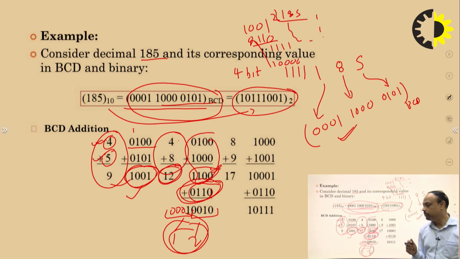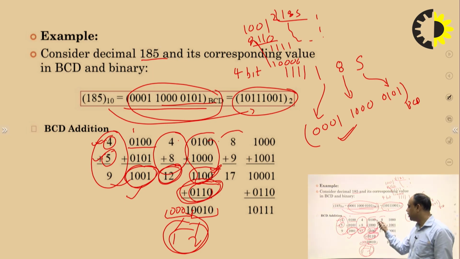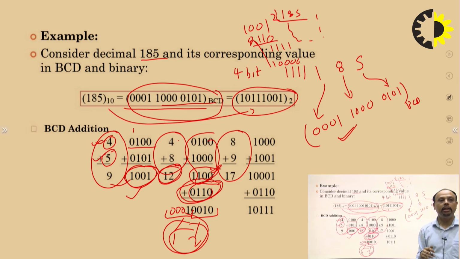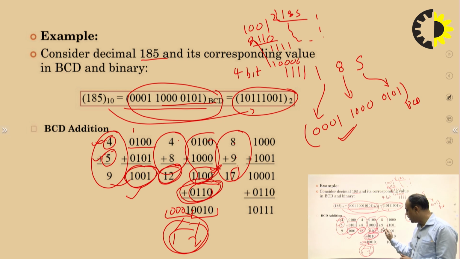And the third case is when the sum of the two decimal numbers is less than 9 but there is a carry as well. Like in this case, if we add these two numbers 8 and 9, we get 17, this is 7 and there is a carry 1.